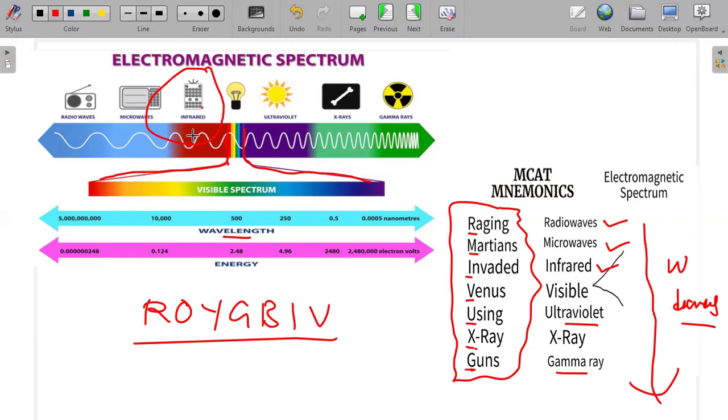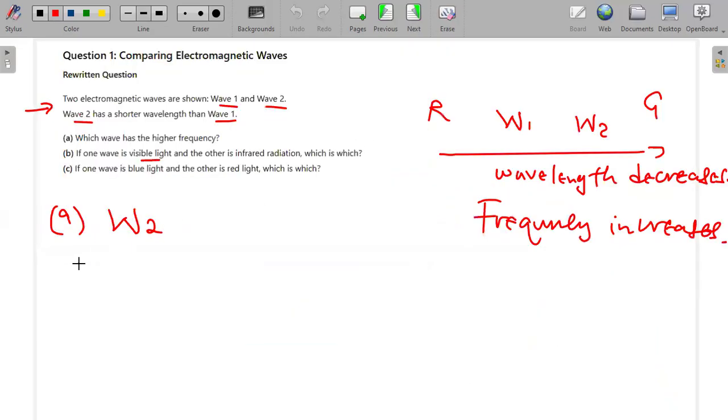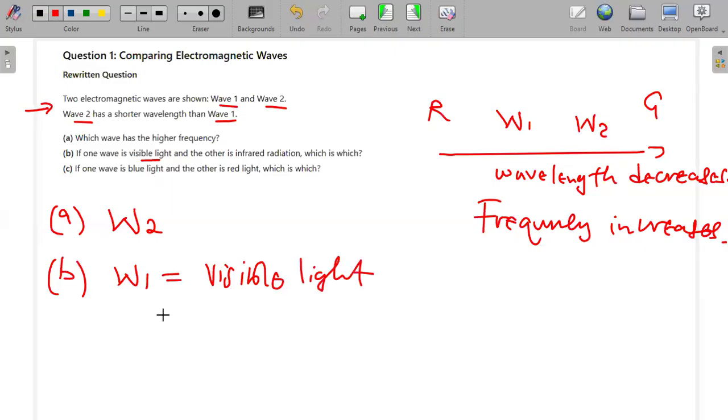So the infrared actually has a longer wavelength than the visible light, because from the radio to the gamma, the wavelength is decreasing. So in answering B, I would say that wave one is the visible light, and wave two will be the infrared radiation. That's the answer there.